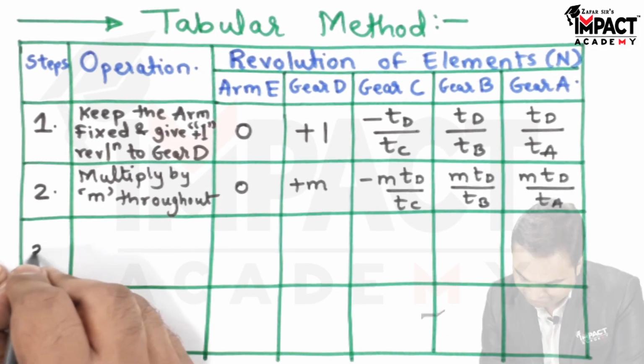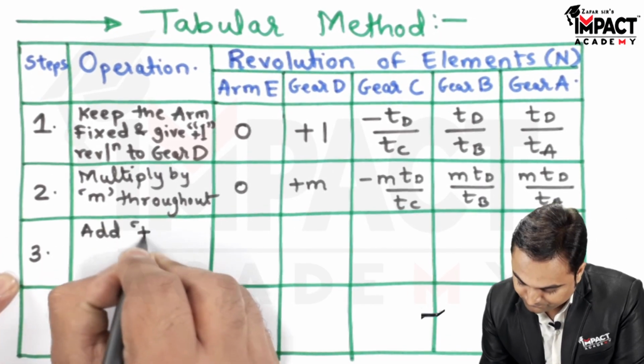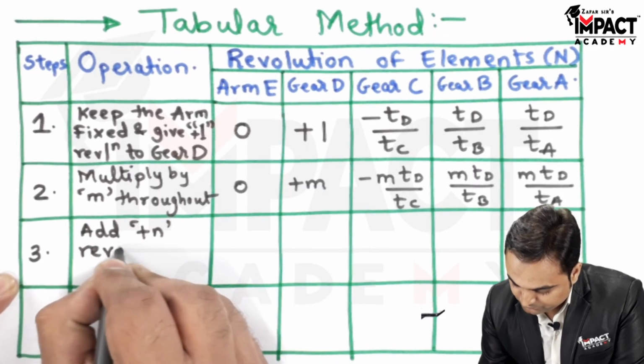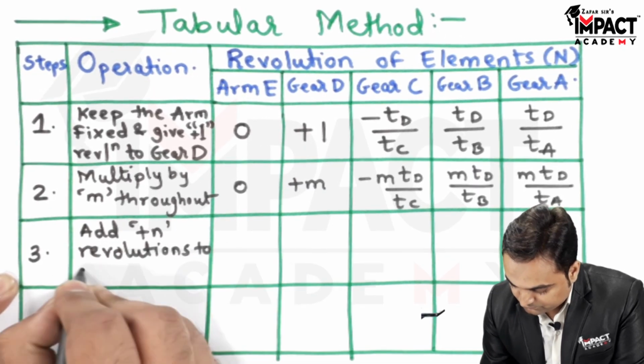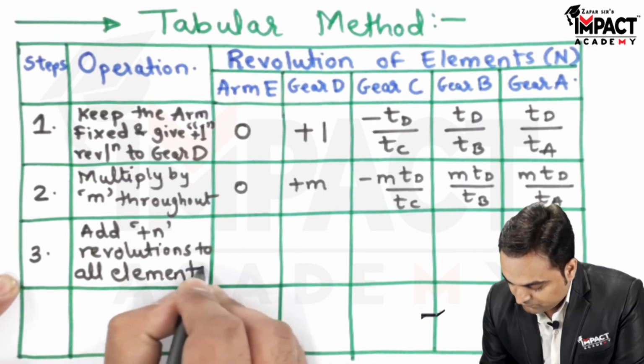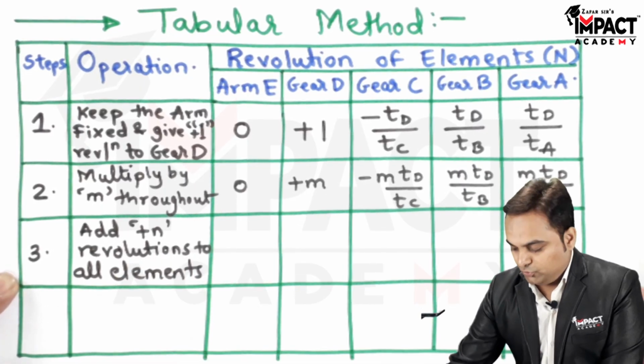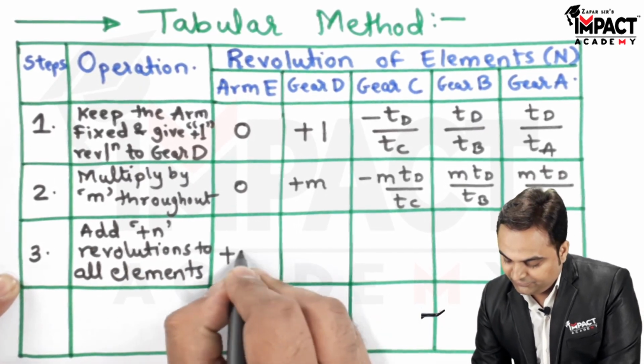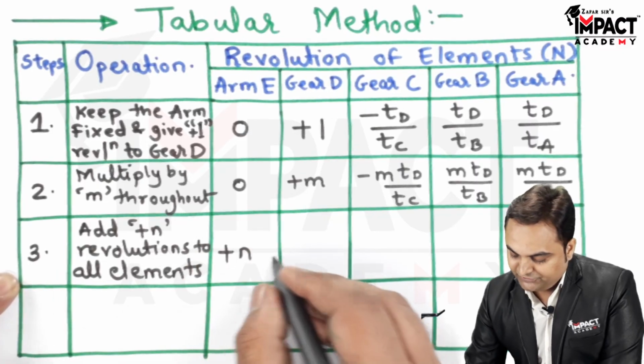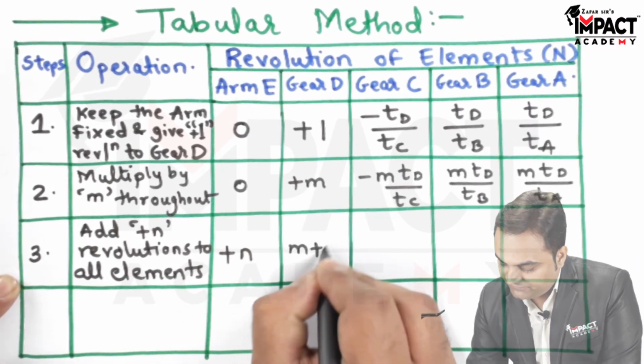Next, adding plus n revolution to all elements. So when I add here, this becomes small n plus 0, that is n. Here we have m plus n.